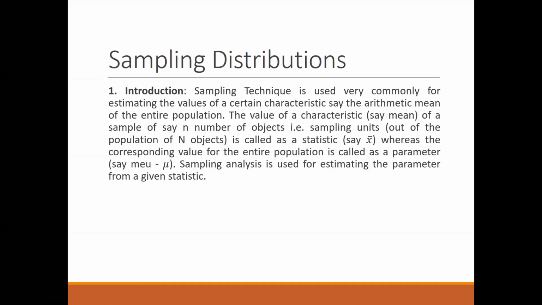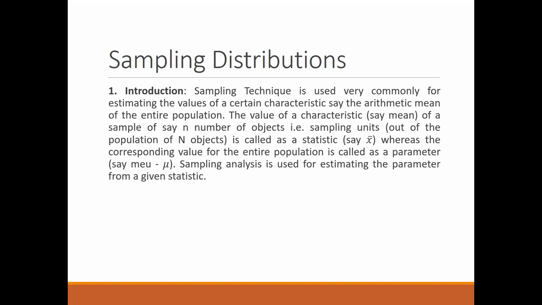First of all, in the introduction, let me tell you, the sampling technique is commonly used for estimating the values of a certain characteristic, let us say the arithmetic mean of the entire population.